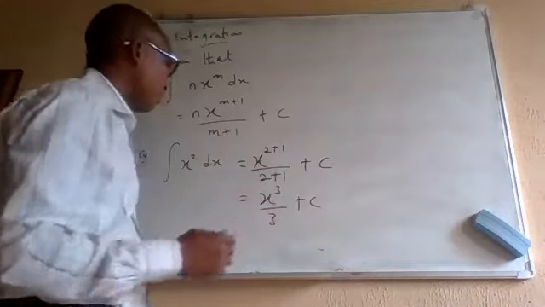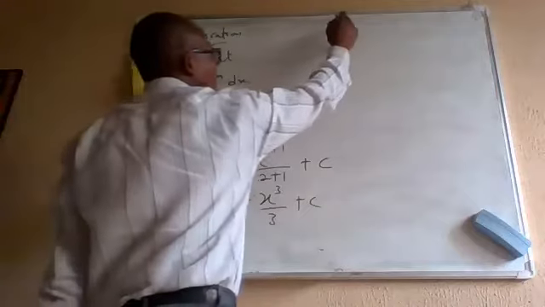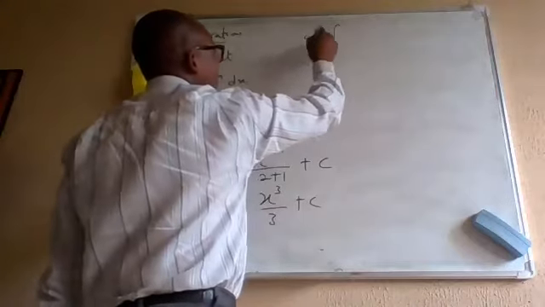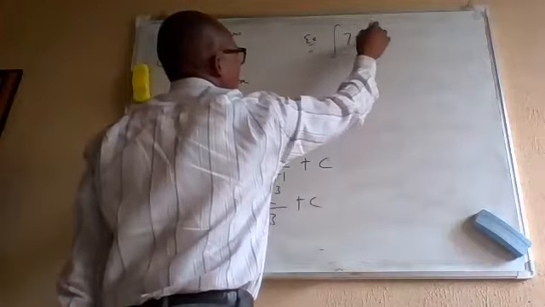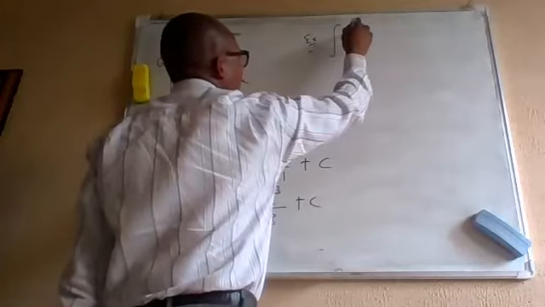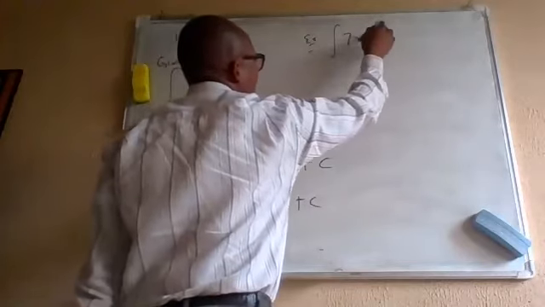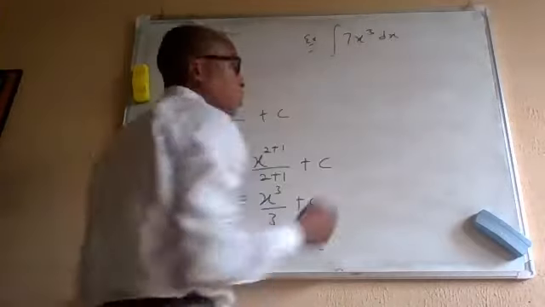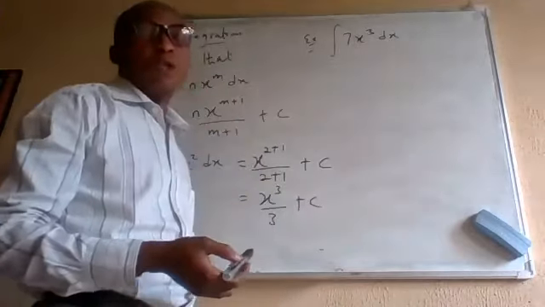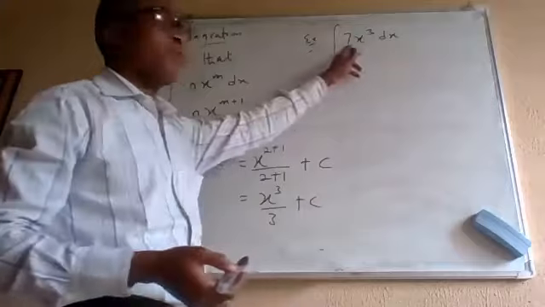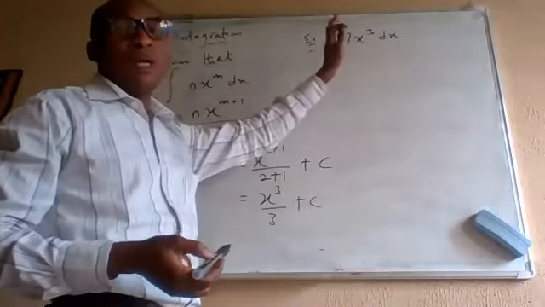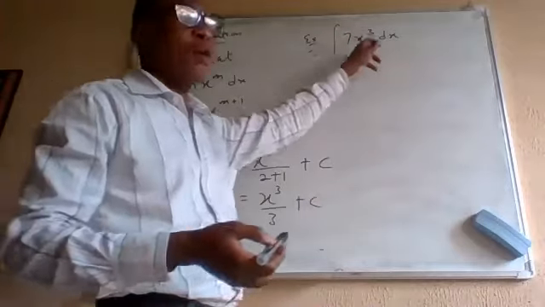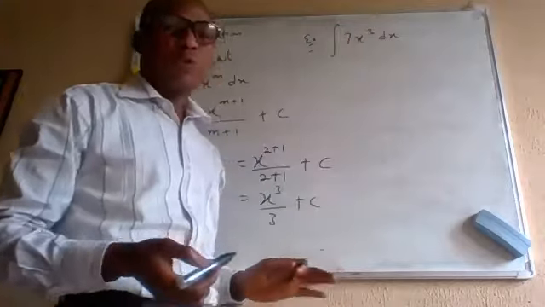More examples. Let's say you have to integrate another example now: 7s raised to power 3 dx. You do the same thing by adding 1 to the power. What we have before s, we are not so much concerned about, but the power of s is our major interest when it comes to integration.